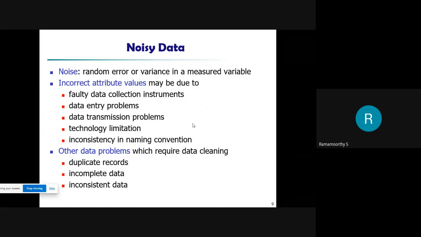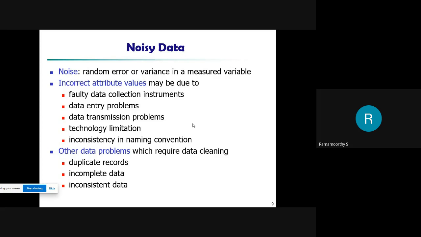Faulty data collection instruments: while you are collecting the data, the instrument itself will generate the faulty data. And data entry problems: the people who are actually entering the data may make some mistake. Because of that, you may get the noisy data.